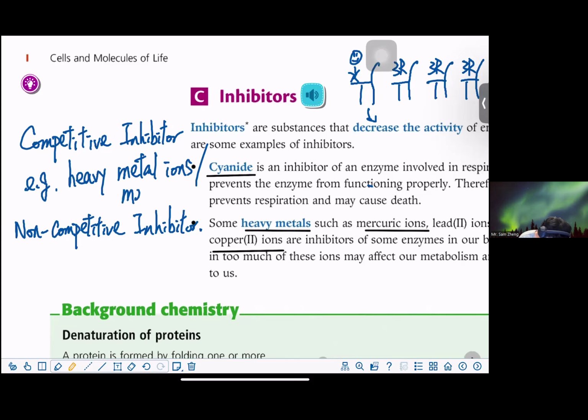Now I'm not sure whether you heard about it, but in China there is some news related to some fake wine.